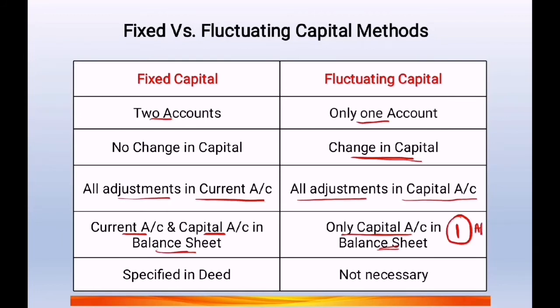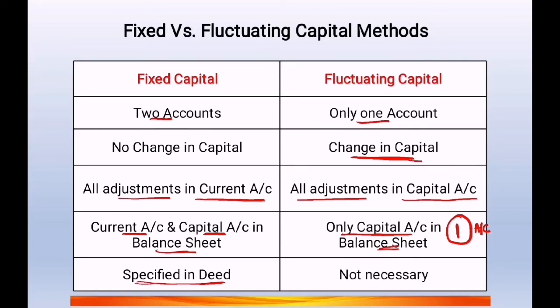Next difference, whether we have to follow the fixed capital method or the fluctuating capital method. If nothing is mentioned, then we will always follow the fluctuating capital method. But if we have to follow the fixed capital method, in which two accounts are prepared, it should always be specified in the deed that we will be following the fixed capital method under which two accounts need to be prepared.